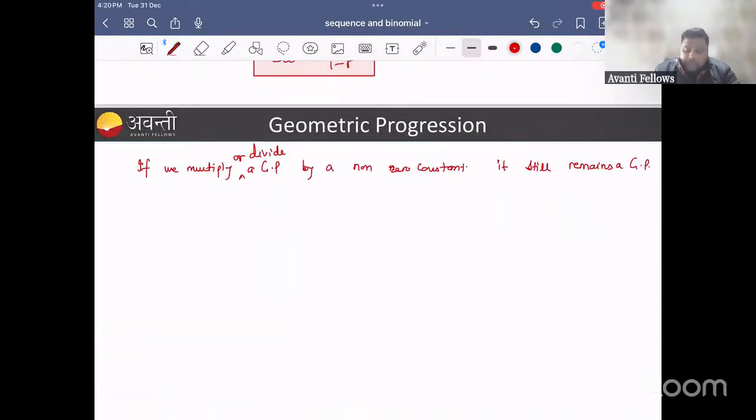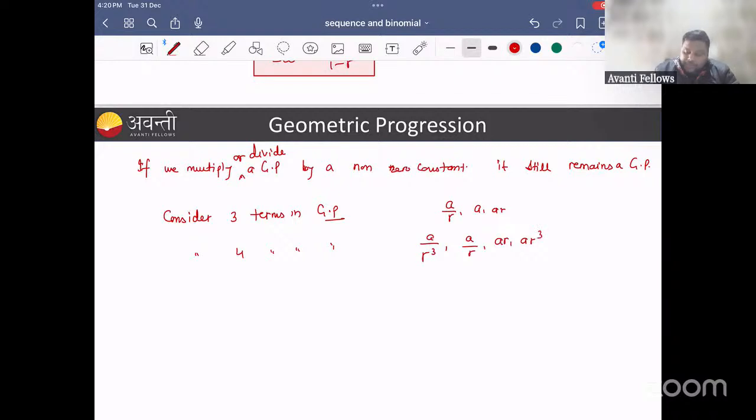If we have to consider three terms in GP, consider them as a by r, a, ar. If you have to consider four terms in GP, they should be a by r cube, a by r, ar and ar cube.